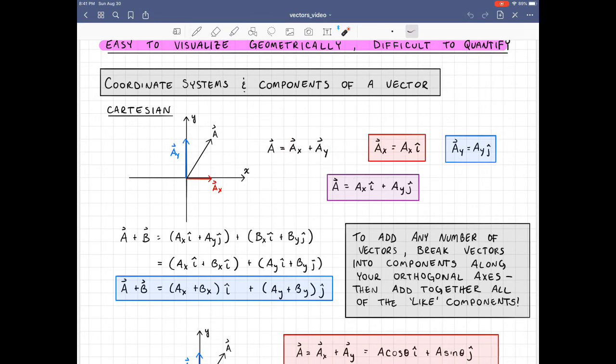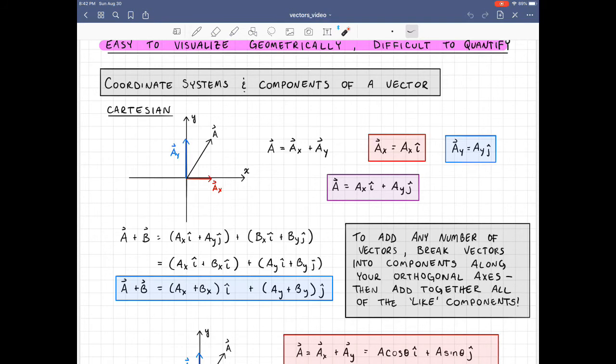You can see that that's what's going to happen here, because with the tip-to-tail method, A x, A y, you end up getting vector A. So in our unit vector notation, A x gets written like this. Here's the coefficient out front of the unit vector, and instead of using x, in our textbook we use the letter i to denote the x direction. That's just a notation feature specific to our book.